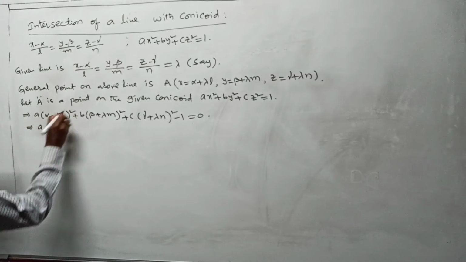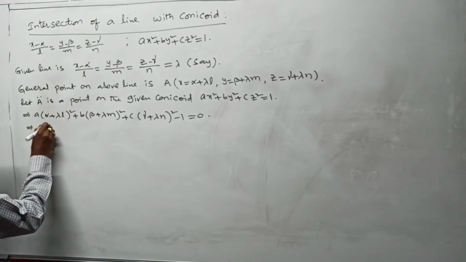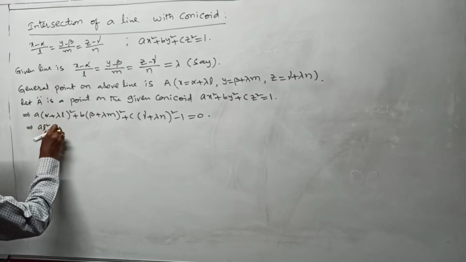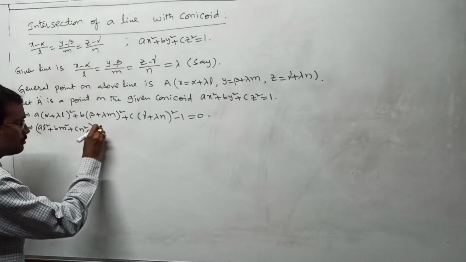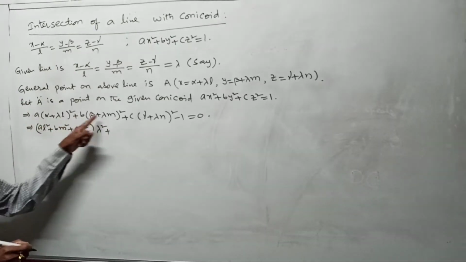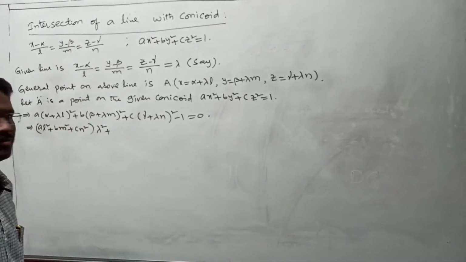First, the λ² coefficient I am writing as (al² + bm² + cn²) λ². Just do the (a + b)² expansion in that λ² coefficient, right?